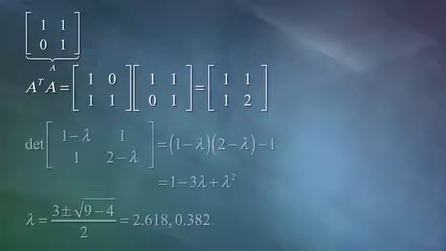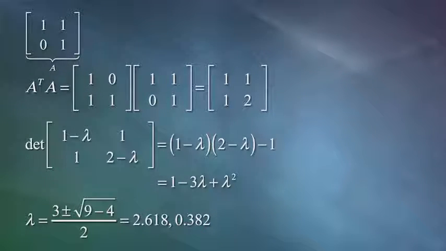Now let's do an example by going back to our matrix A equals [1, 1; 0, 1]. To find its SVD, we'll compute A transpose A and find its eigenvectors and eigenvalues. A transpose A is easy to compute, and you'll find that it's [1, 1; 1, 2]. Then, if you compute its eigenvalues, you find these. So the singular values are the square roots of them, which are 1.618 and 0.618.